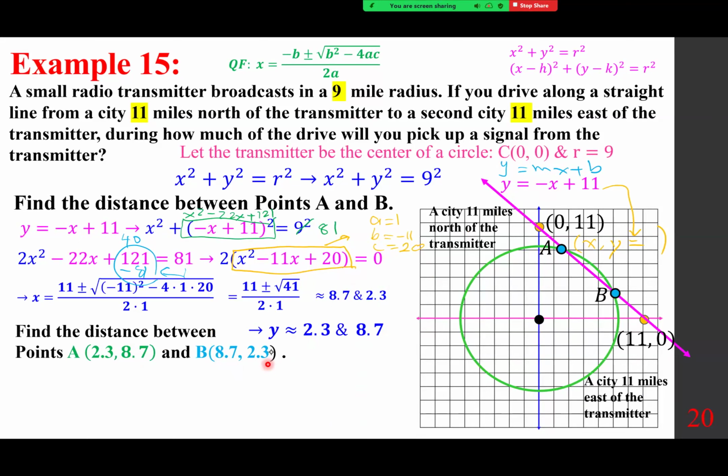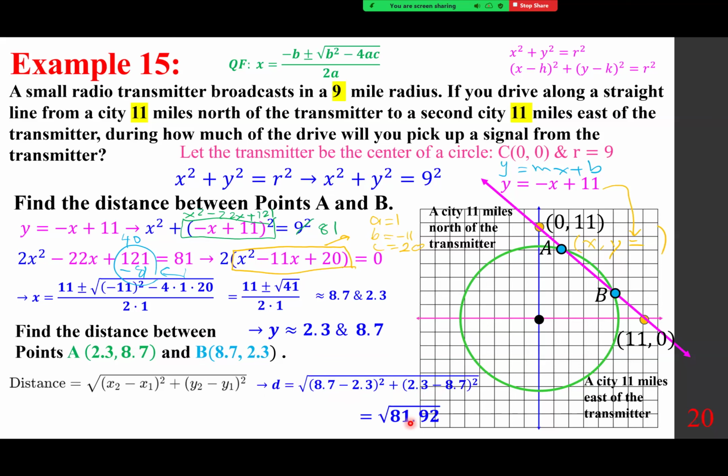And now, of course, we are going to use the distance formula. This takes a little bit of time. The square root of (x sub 2 minus x sub 1) quantity squared plus (y sub 2 minus y sub 1) quantity squared. So 8.7 minus 2.3 squared plus 2.3 minus 8.7 squared. You have to put this into a calculator, square it, and take a root, and the distance becomes the square root of 81.92.